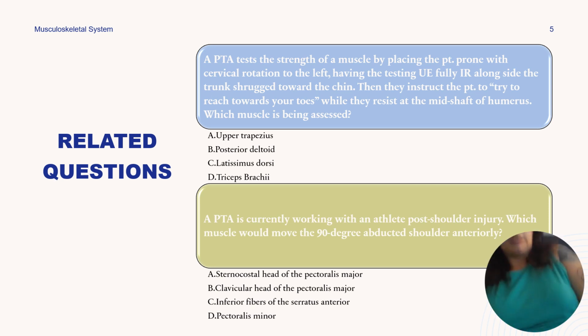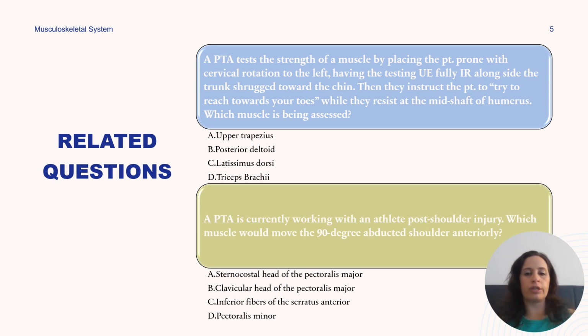That means, because it's along the trunk, it's internally rotated, so not out, but in. And this shoulder, if the head is to the left, is up like that, right? But you're laying down, of course, prone.